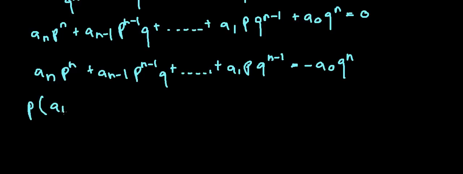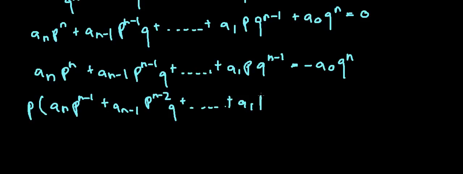So this will give us p times (a_n p to the n minus 1 plus a_(n-1) p to the n minus 2 q plus ... plus a_1 q to the n minus 1). Since we're just taking out 1 p, this p will disappear and everything else will be reduced by 1 power of p. And this is going to equal negative a_0 q to the n.